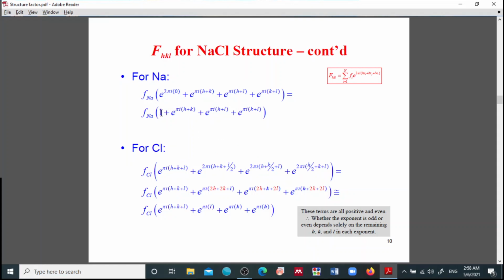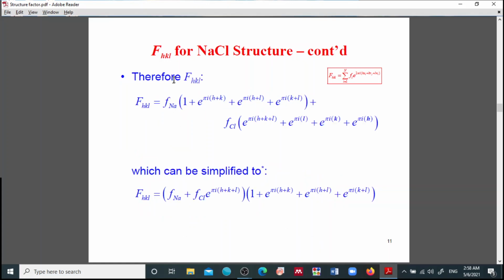For sodium, we will get the amplitude as 1 plus exponent pi i (h plus k), plus exponent pi i (h plus l), plus exponent pi i (k plus l). Whereas for chlorine, you will eventually get this result, and then you will have F(hkl) as the net amplitude from sodium atoms plus the net amplitude for chlorine atoms.